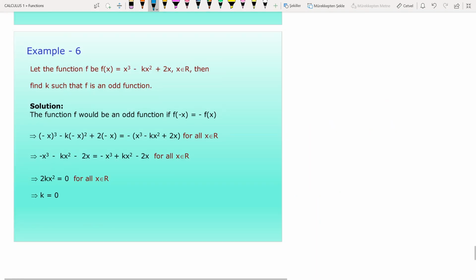Another example, we have a given function x cube minus kx squared plus 2x, where x is from the set of real numbers. Find k such that f is an odd function. Again, we write minus x instead of x.